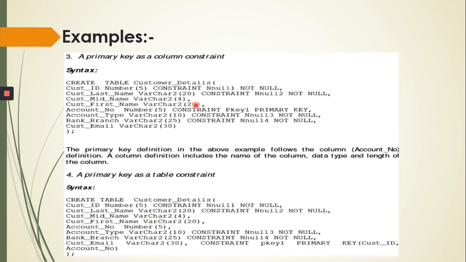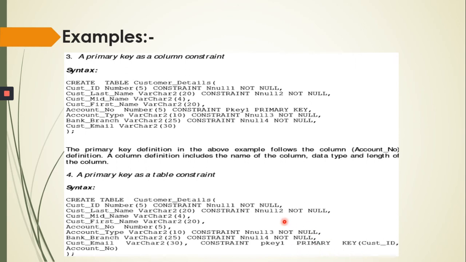All the query is the same as the previous one, but here I am using primary key at account number. Now our last column is customer email address. So at last here I am writing constraint primary key in brackets. I am writing customer ID and account number, as I am using a composite primary key, and composite primary key means more than one column can participate in the primary key.